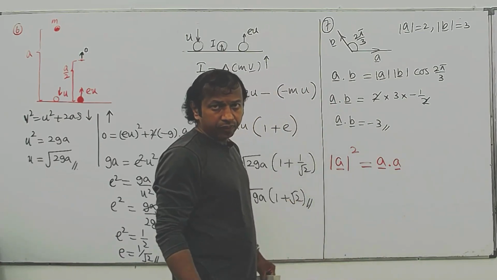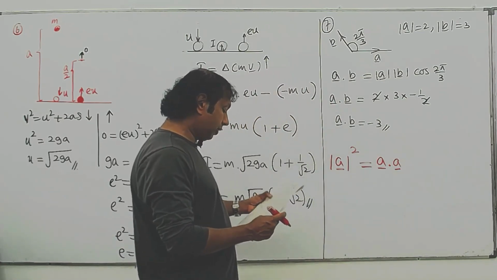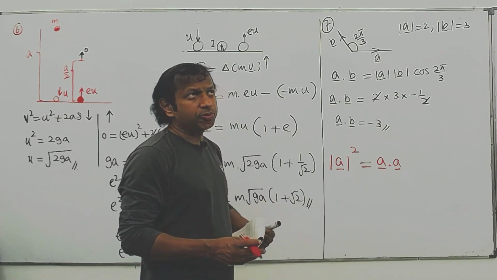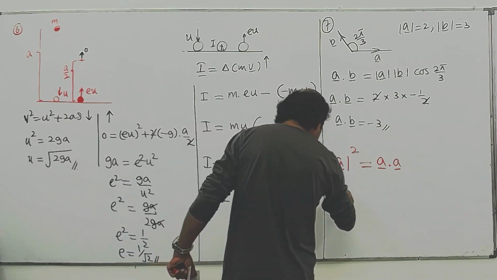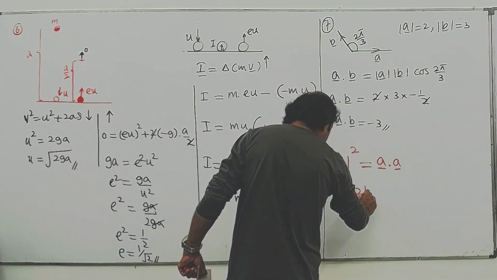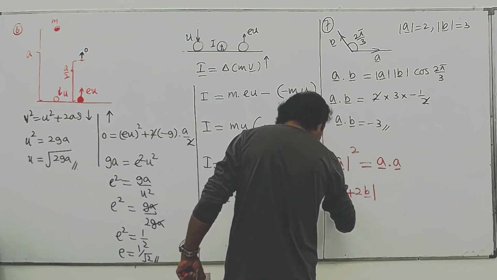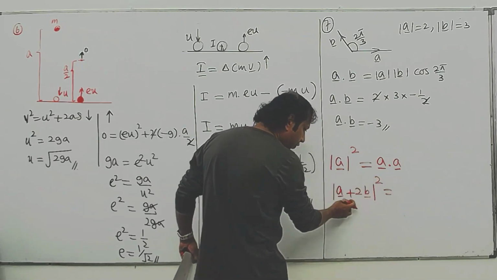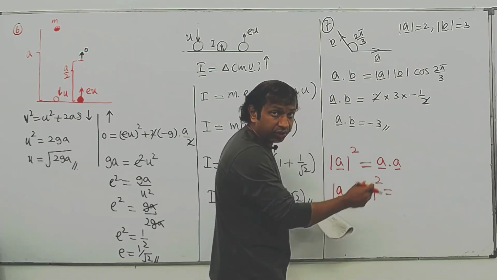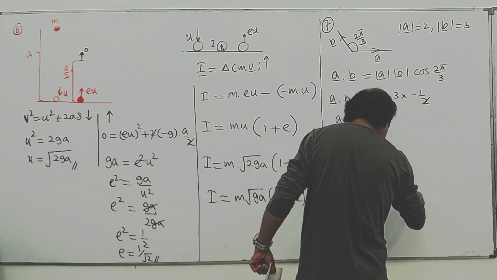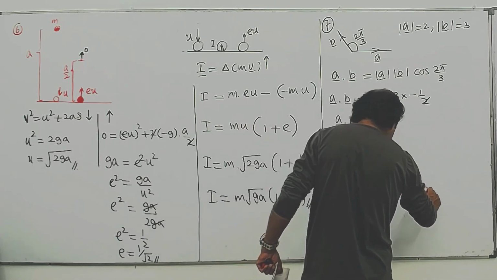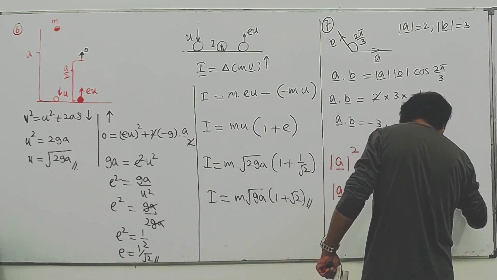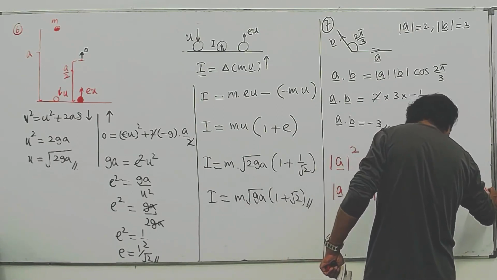Like that, A plus 2B is another vector. Its modulus perfect squared, mod A plus 2B squared, how to write this? Using this one, this vector dot the same vector. We can write A plus 2B dot A plus 2B. This way.